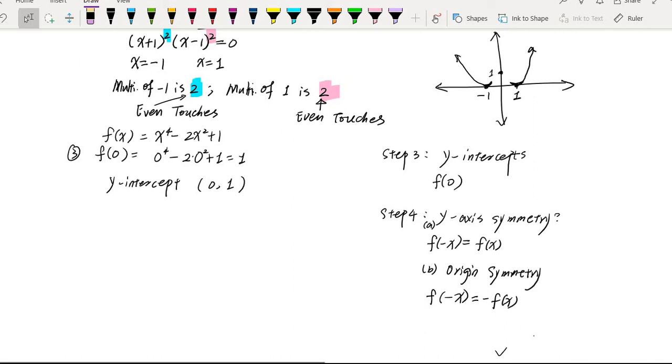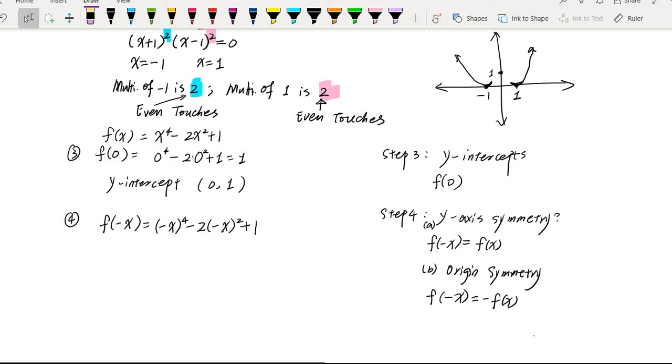Step 4, we need to check if this has y-axis symmetry or origin symmetry. All you have to do is plug in f of negative x. For every x you see, you plug in negative x: negative x to the fourth power, minus 2 times negative x to the second power, plus 1.